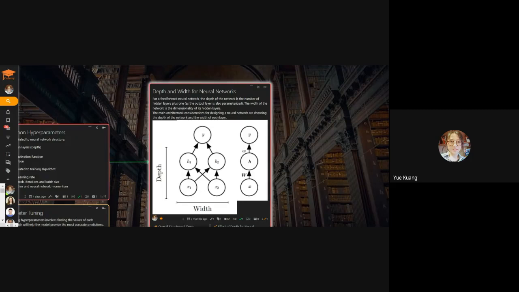The width of the network is the dimensionality of its hidden layers. And the main architectural consideration for designing a neural network is choosing the depth of the network and the width for each layer. And here is a very simple example in the picture with a network with depth 2 and width 2.